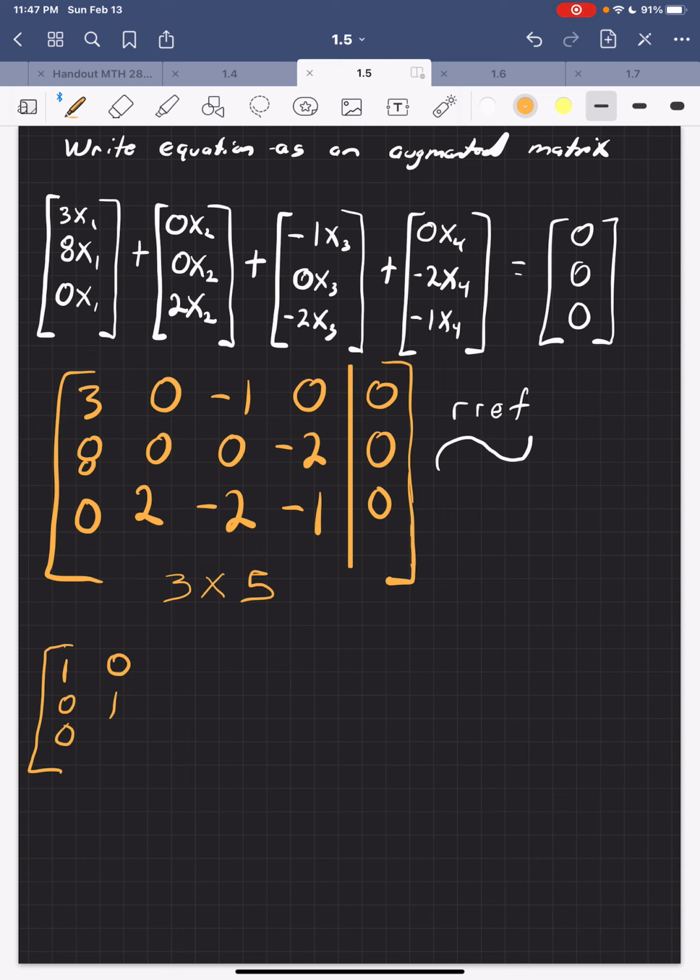We have 0, 1, 0. Just bear with me, let me write what we should be looking at. And then we have negative 1/4, negative 5/4, negative 3/4.